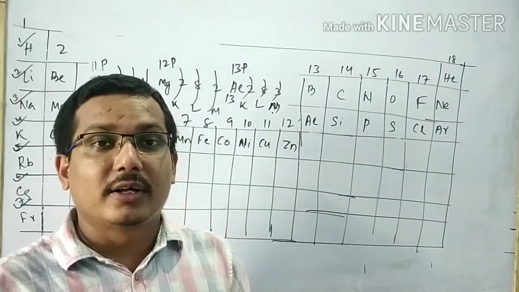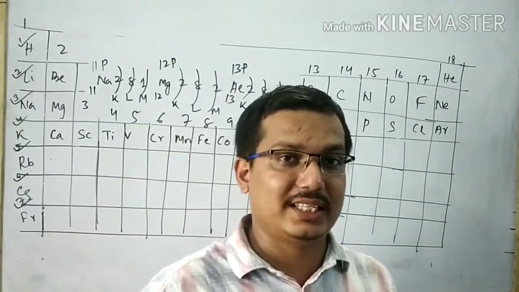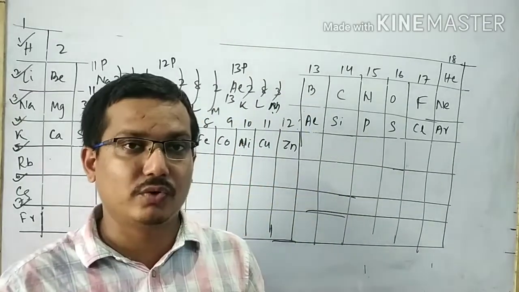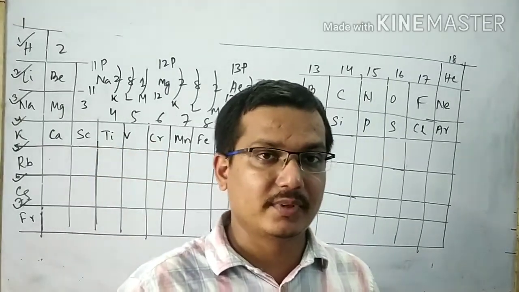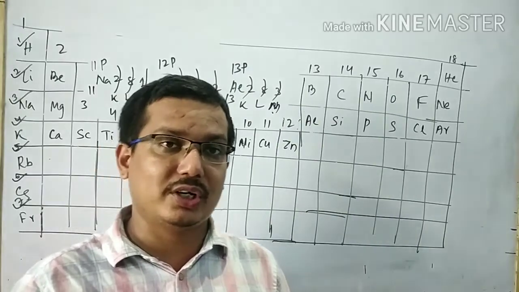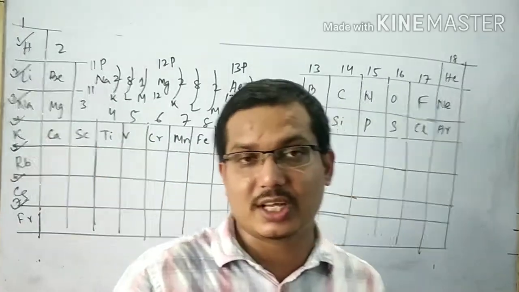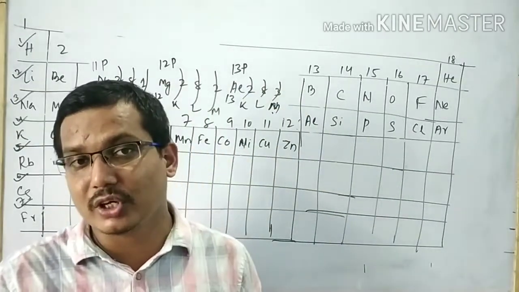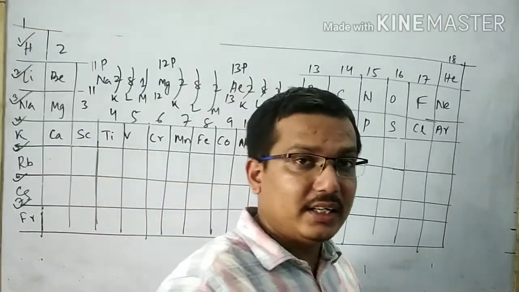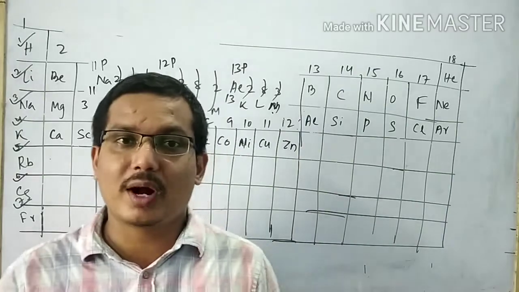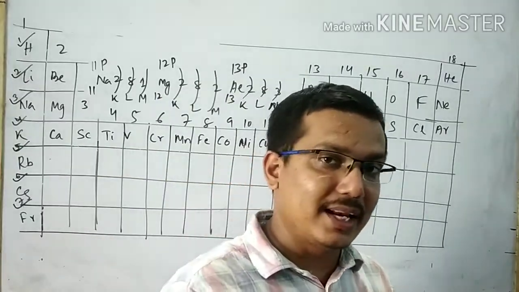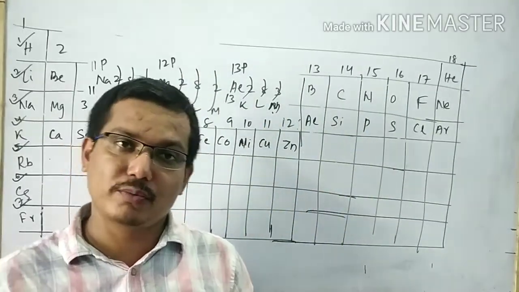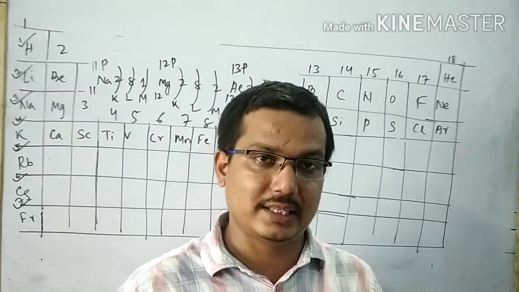If the number of electrons goes on increasing, then the number of protons obviously goes on increasing for an atom. If the number of protons increases, then the nuclear charge, nuclear force, goes on increasing. If nuclear force increases, then it attracts the valency cell more towards itself. As a result, the atomic radii goes on decreasing.